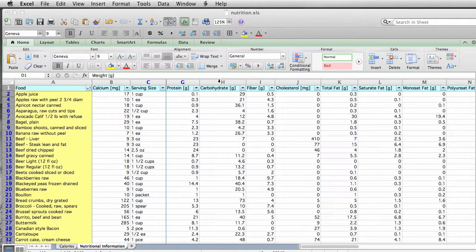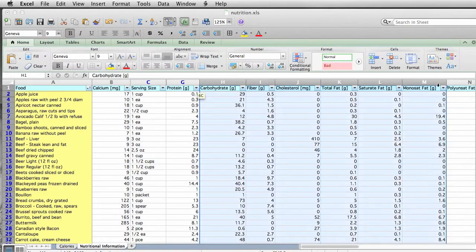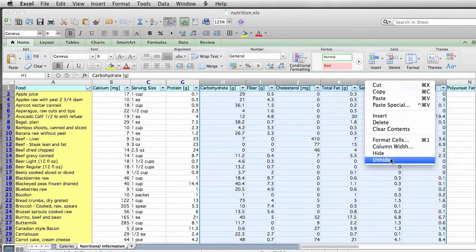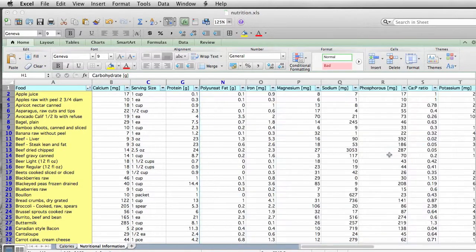I'm going to hide the next ones. Again, clicking in this gray zone where the actual letters appear, we'll hide those as well. And we're going to continue to hide them all the way down until we find vitamin D. So again, clicking the top and saying hide.